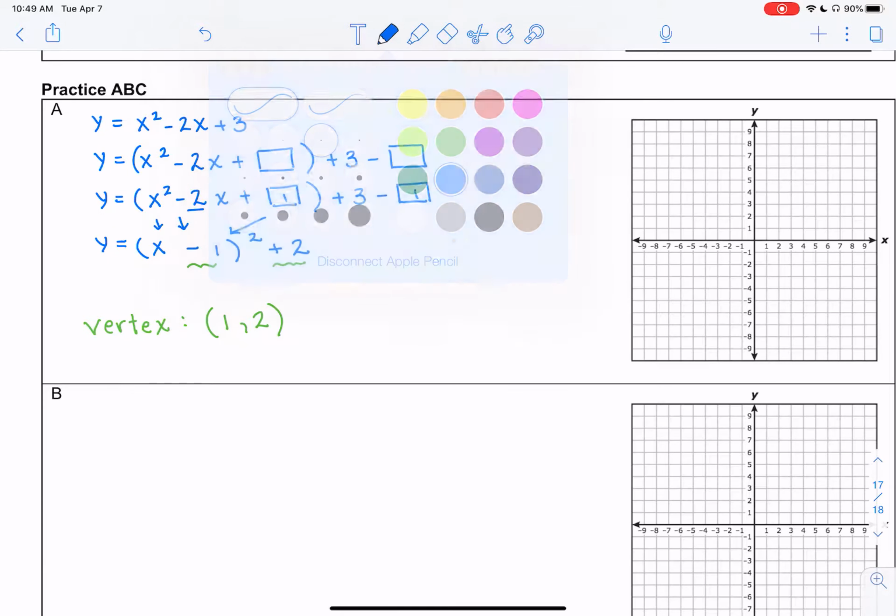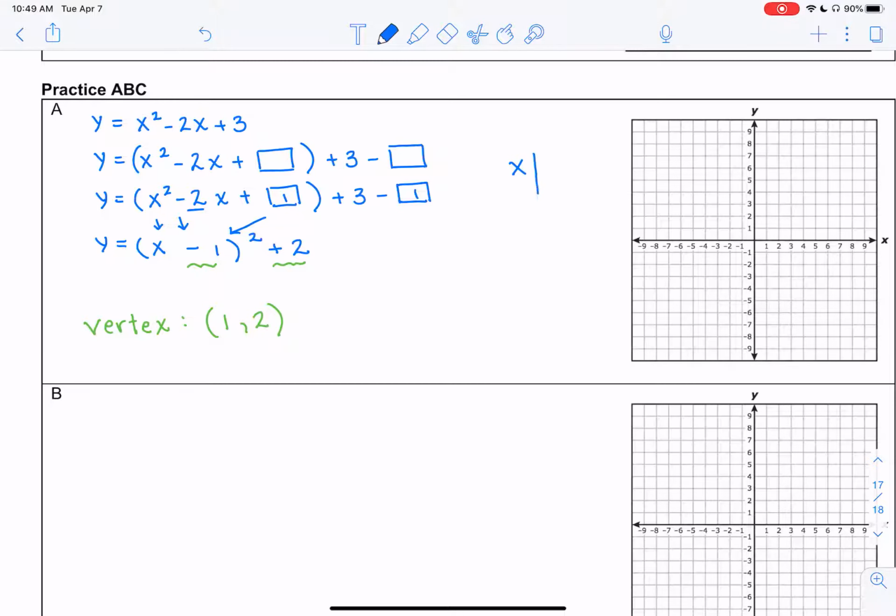I'm going to go ahead and make my xy table. And I know that my vertex has to go in the middle. So 1, 2 goes in the middle. And then I'm going to go smaller and bigger from there. So if I go smaller, I count down to 0 and -1. Bigger, it's going up to 2 and 3.